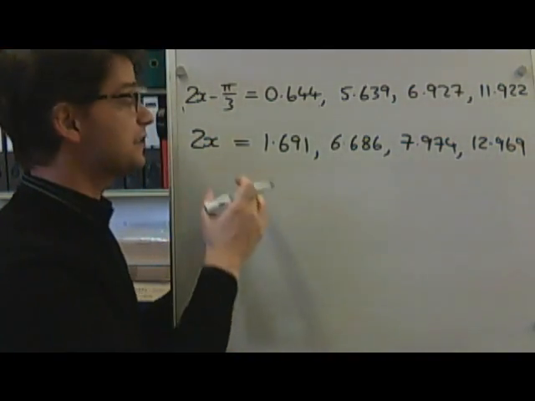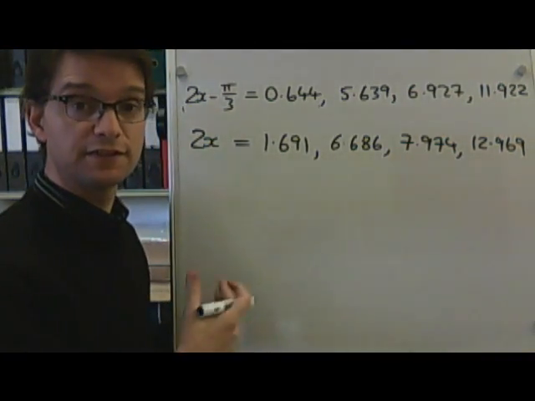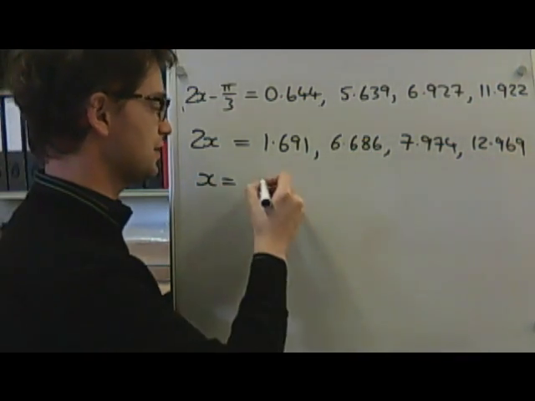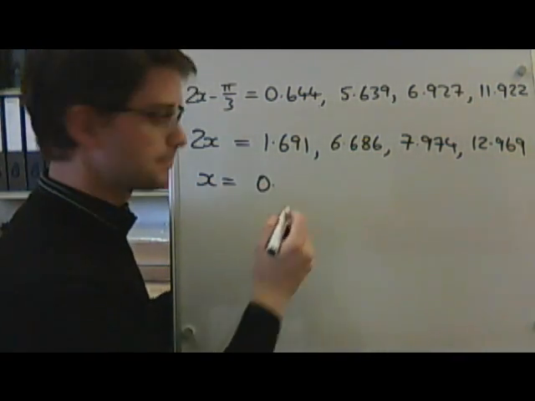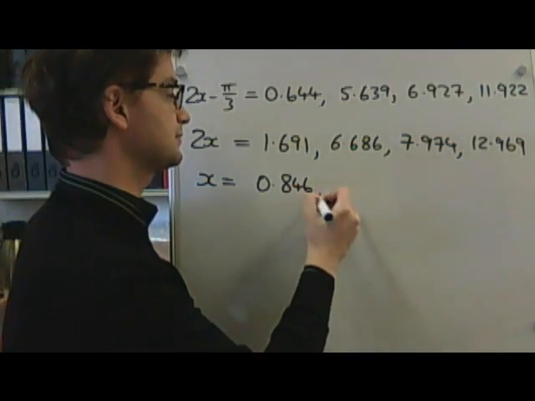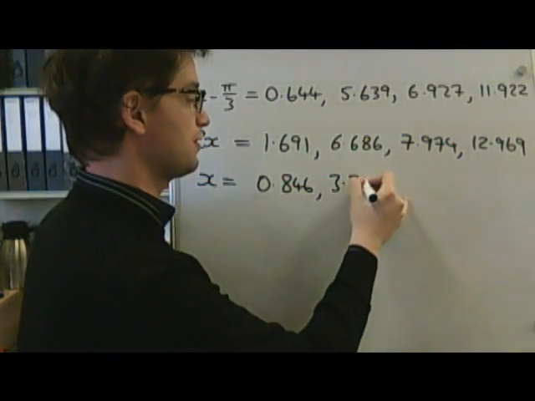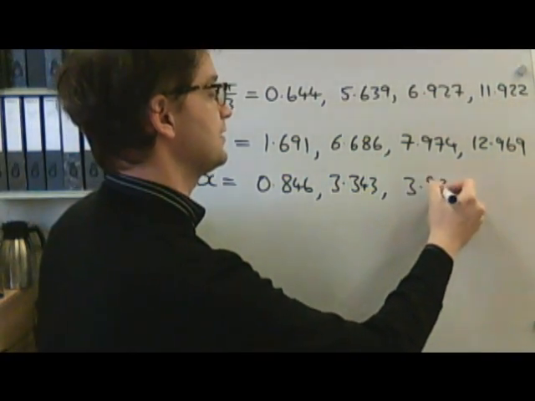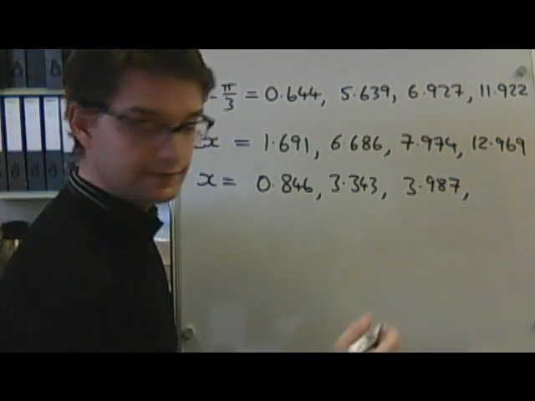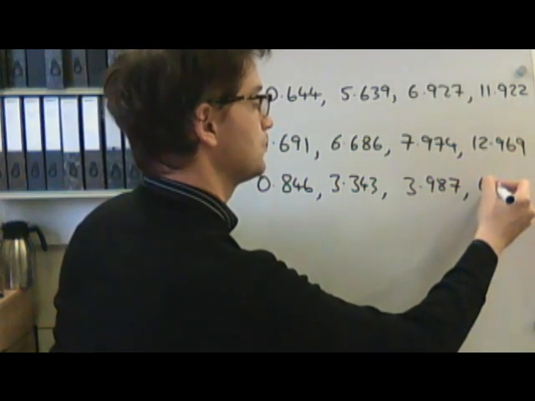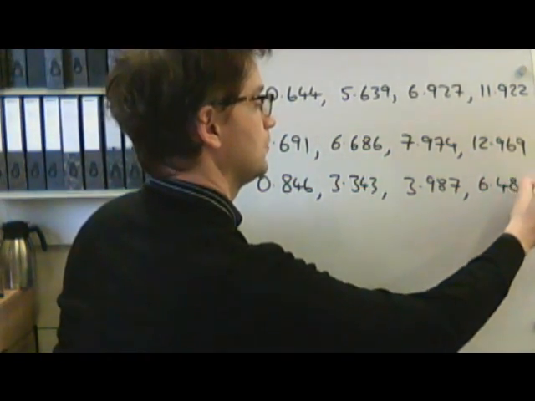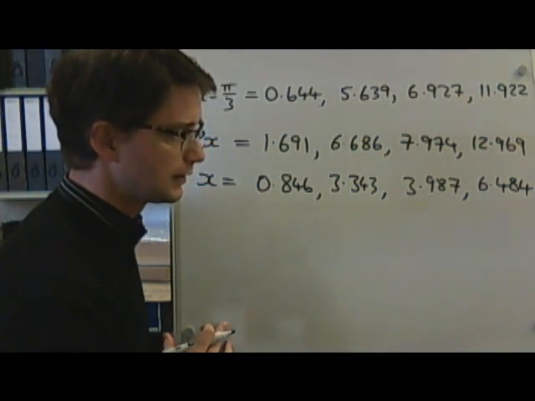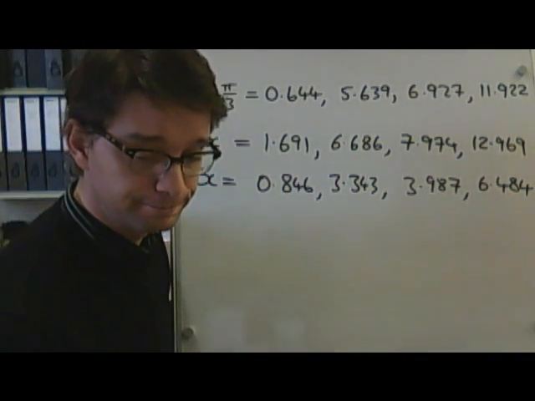So now I've found these values of 2x. I need to turn them into values of x by dividing each of them by 2. So I get 0.846, 3.343, 3.987, and 6.484. Except there's a problem.